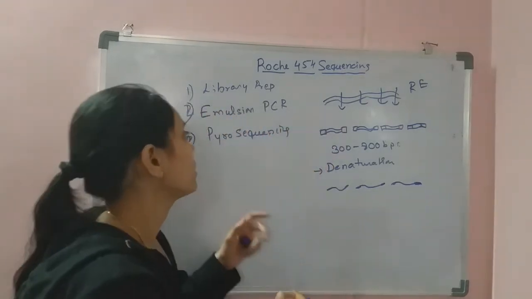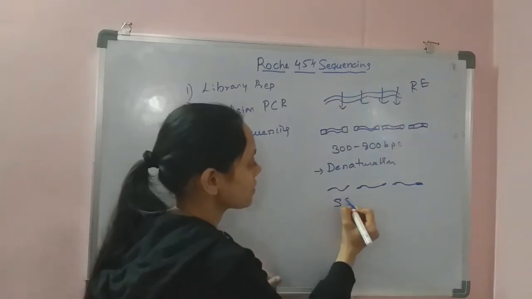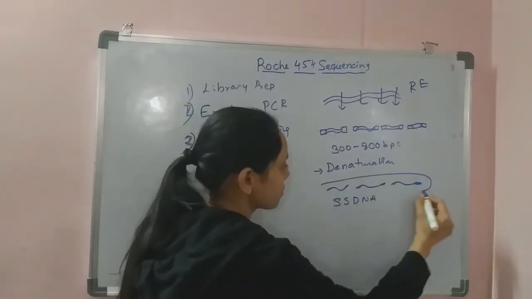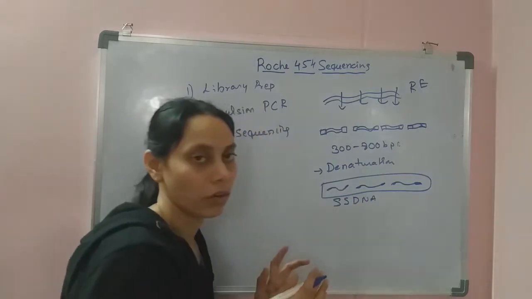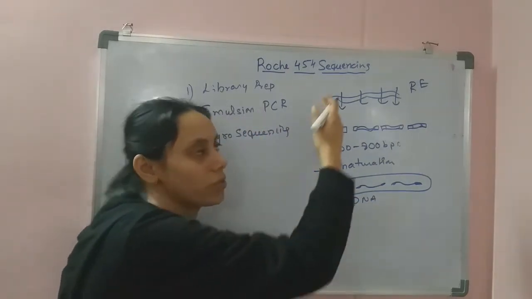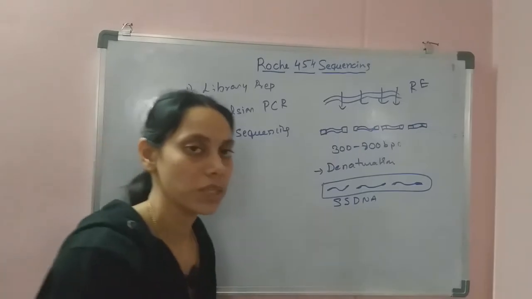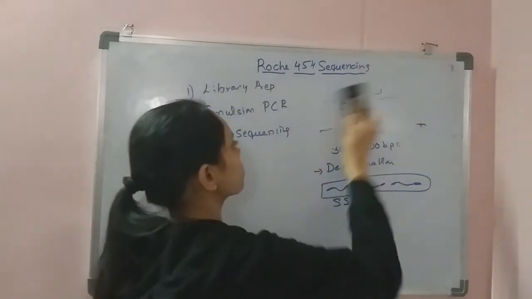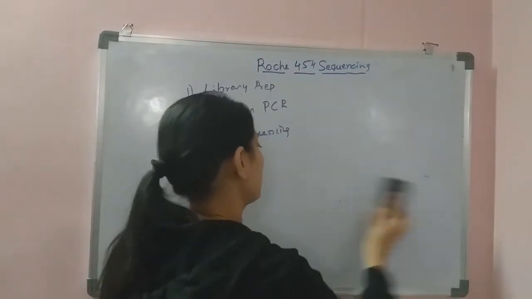That is the single-stranded DNA, the ssDNA library. All these single-stranded fragments together are called the library obtained from the genomic DNA that is going to be sequenced. So that is the first step.